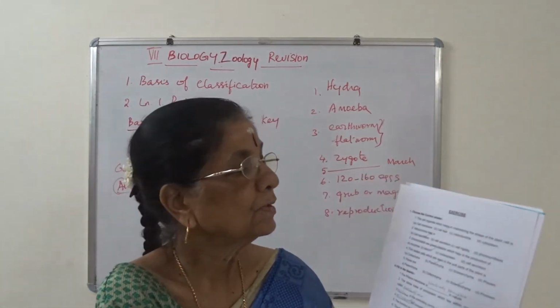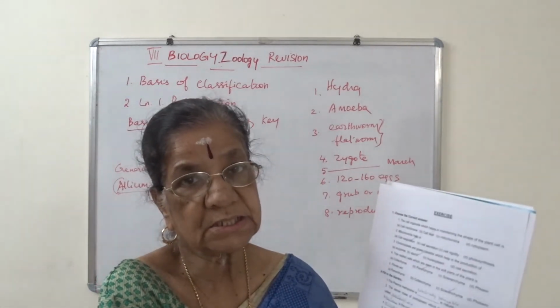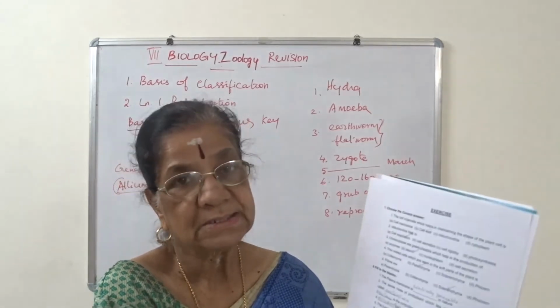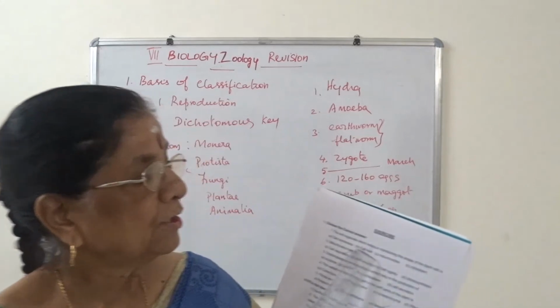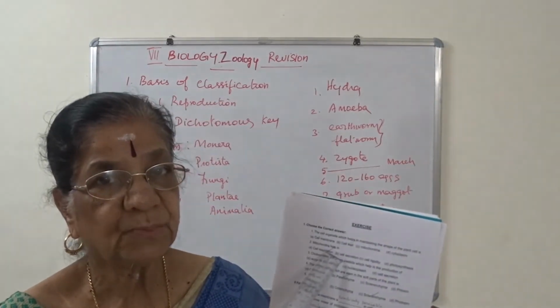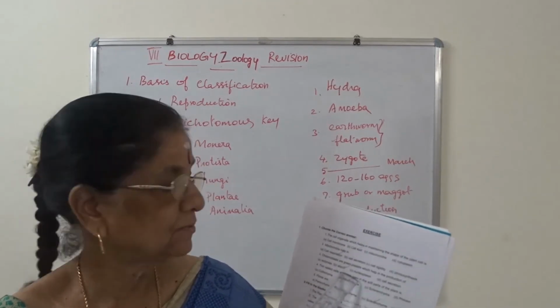Exercise. Botany, first lesson, Cellular organization. Cell organelle, cell wall. I have marked here. Check. Mitochondria, cell respiration, chloroplast, starch.